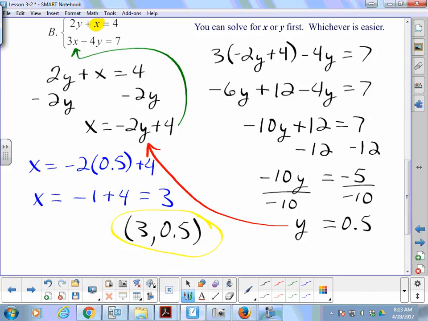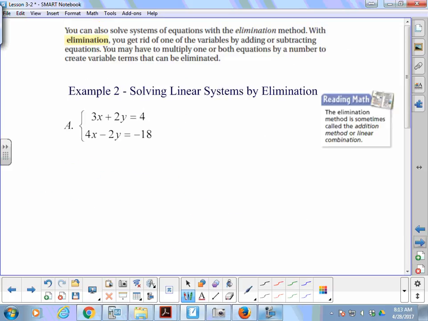Okay. All right, so let's look at elimination then. So there's substitution. Elimination means what the word says, right? We want to eliminate either x or y. So what happens, first of all, is that either the x's or the y's must have opposite coefficients to be able to eliminate them.